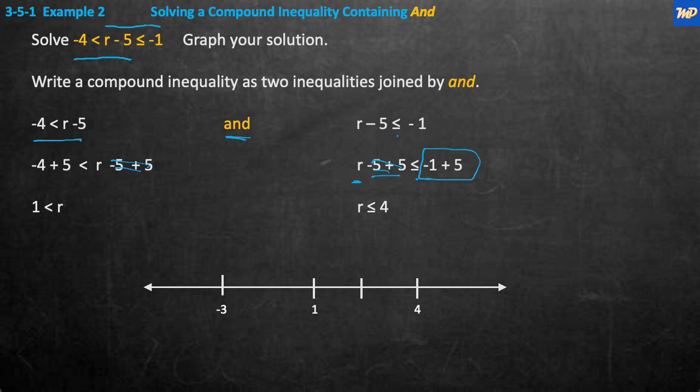We have 1 is less than r, and r, remember from before, is that variable that fills in the solid line, with no gaps and no spaces.